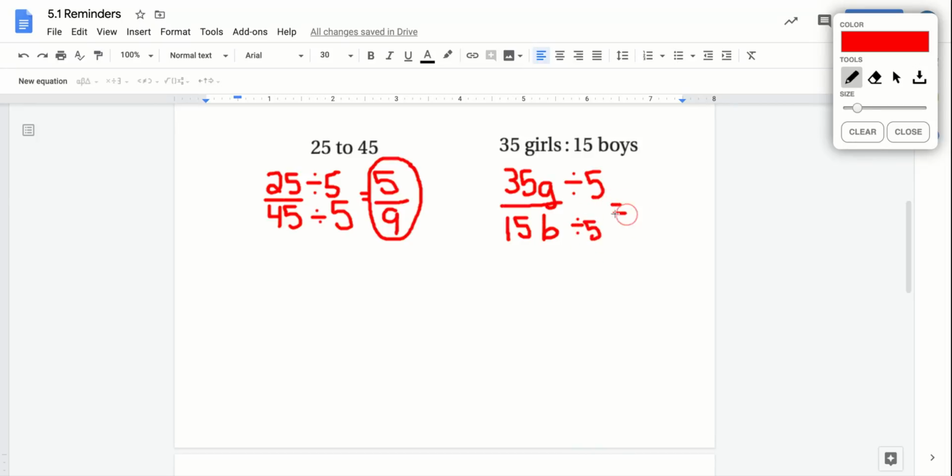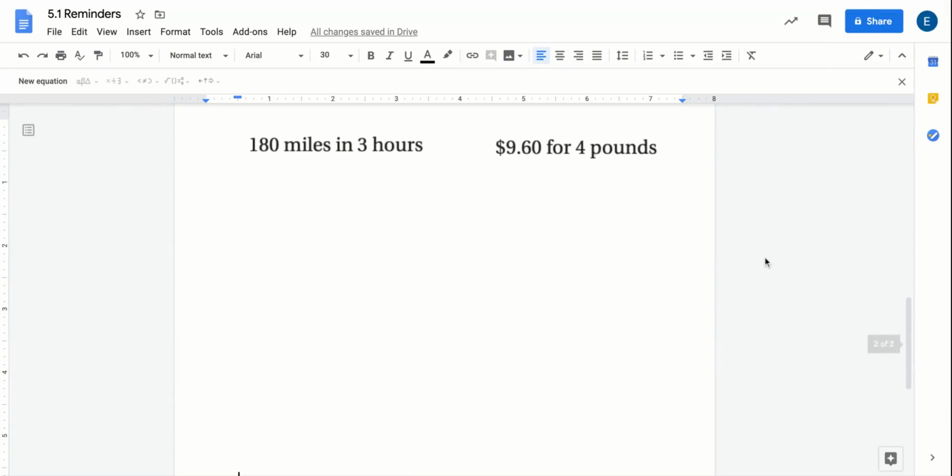And I know that 35 divided by 5 is 7 girls. 15 divided by 5 is 3 boys. That would be my simplified answer, my fraction for this ratio. Okay. All right. Let's take a look at some unit rates.